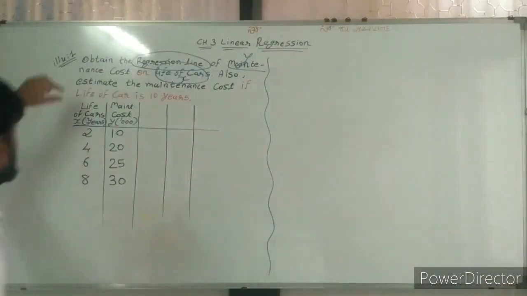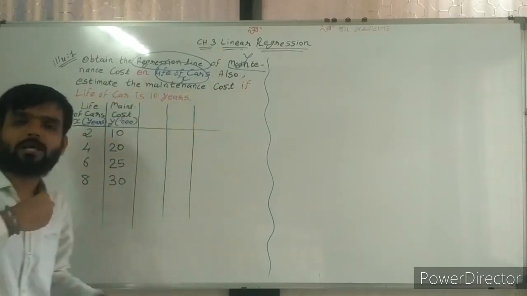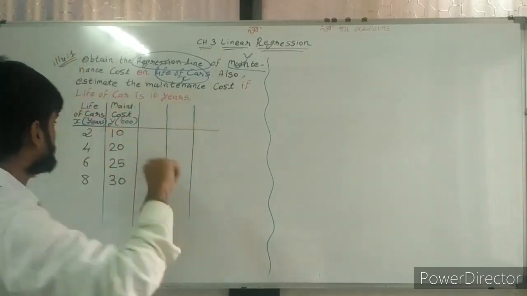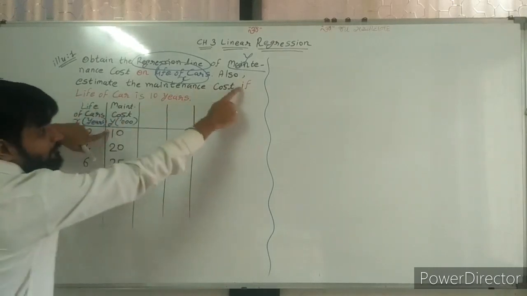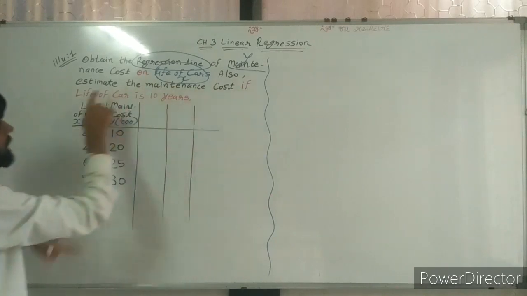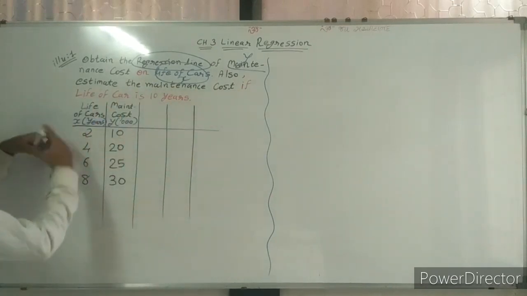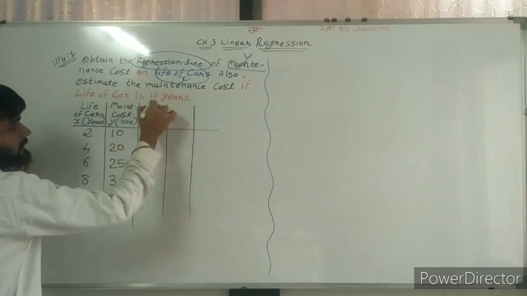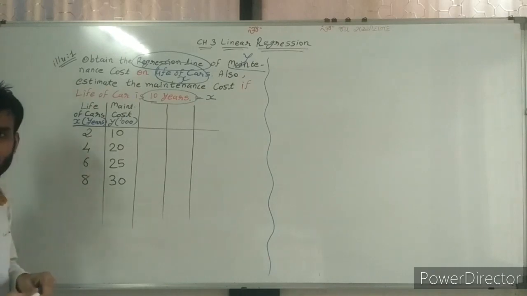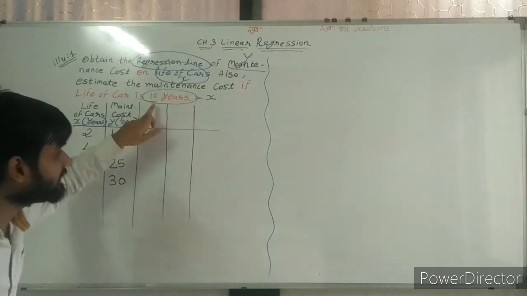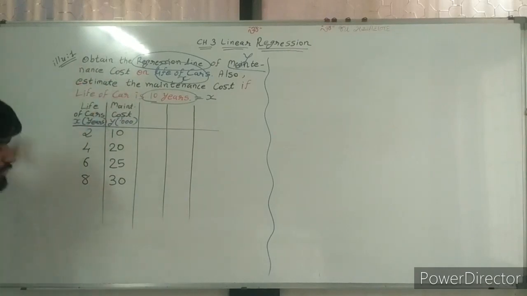Next, it is also given: estimate the maintenance cost. We need to estimate the maintenance cost. Why? If the life of car is 10 years, that is the value of x, then what is the maintenance cost?